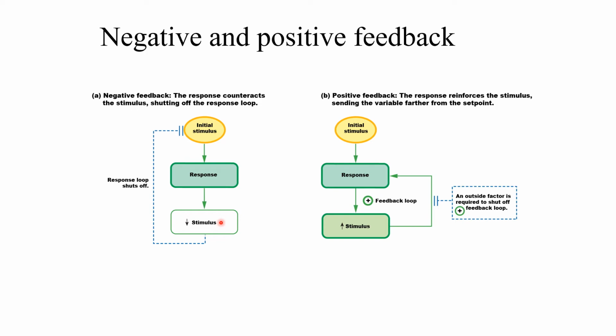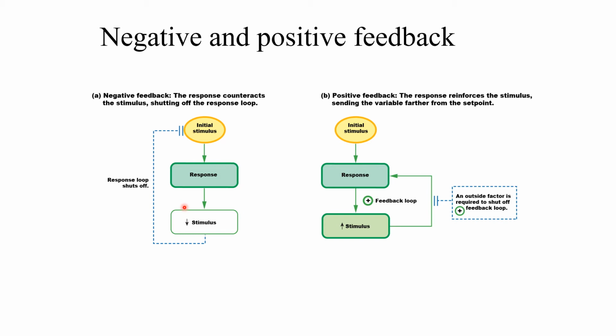It's basically going to try to counteract it. And by counteracting it, your body is going to try to stop that stimulus, and therefore it's going to shut off the loop. That's basically what a negative feedback loop is. You're trying to counteract that change that you are facing to bring yourself back to that homeostatic normal range level.